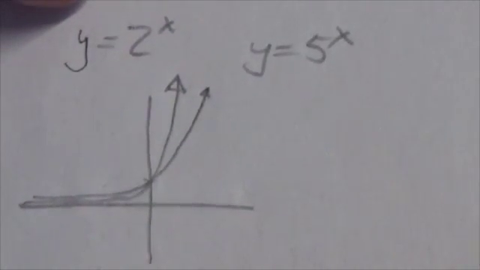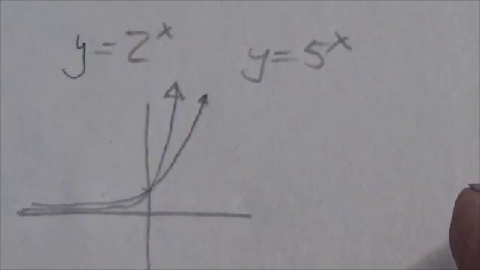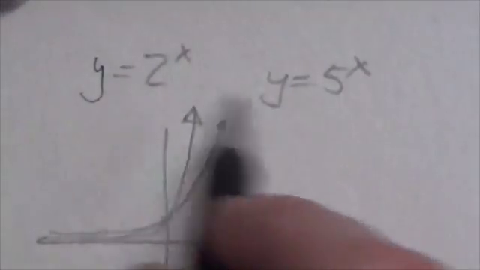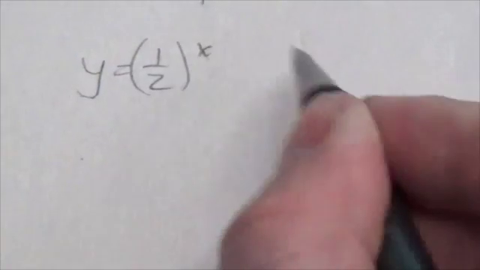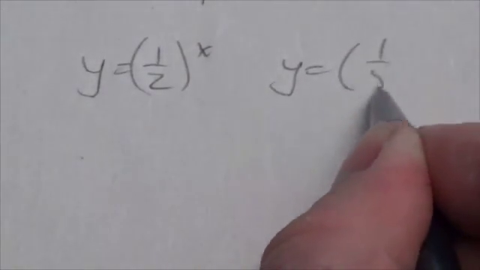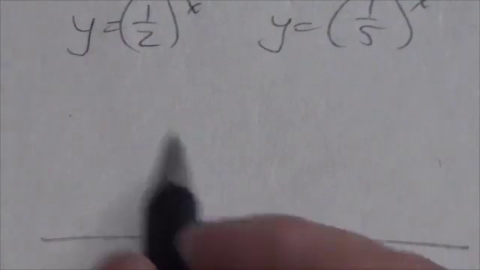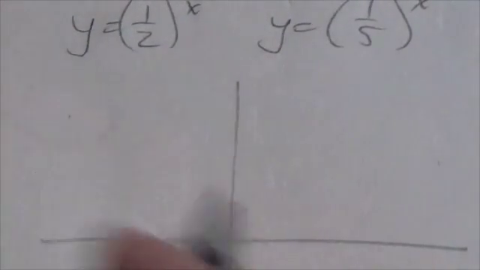Now, let's convert these bases to fractions. When you've got y equals 1/2 to the x and y equals 1/5 to the x, what's going to happen is this. Now we're going to have these decay functions, right?